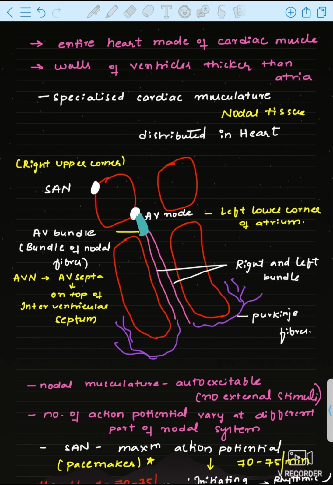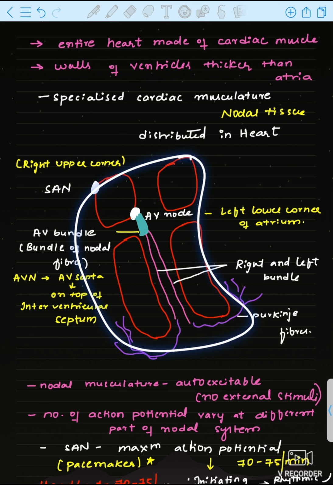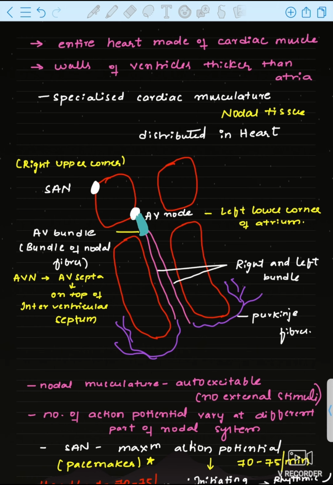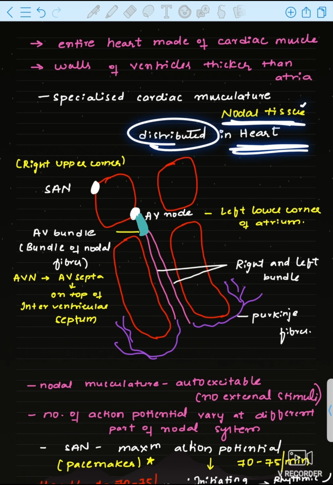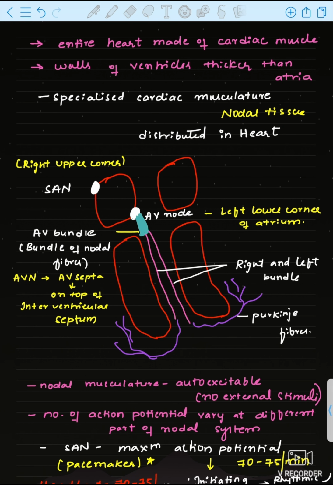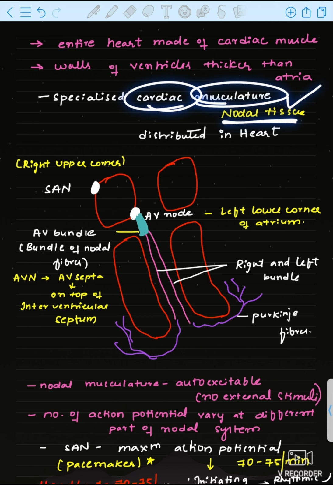Okay, the heart is made up of cardiac muscle, but there is a specialized cardiac musculature. These special cardiac musculatures are distributed in the heart. That is called nodal tissue. Nodal tissue means a specialized cardiac muscle, auto-excitable.